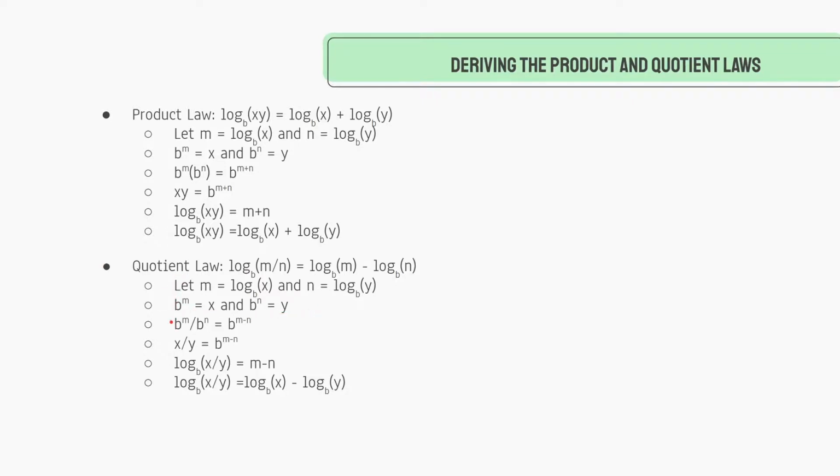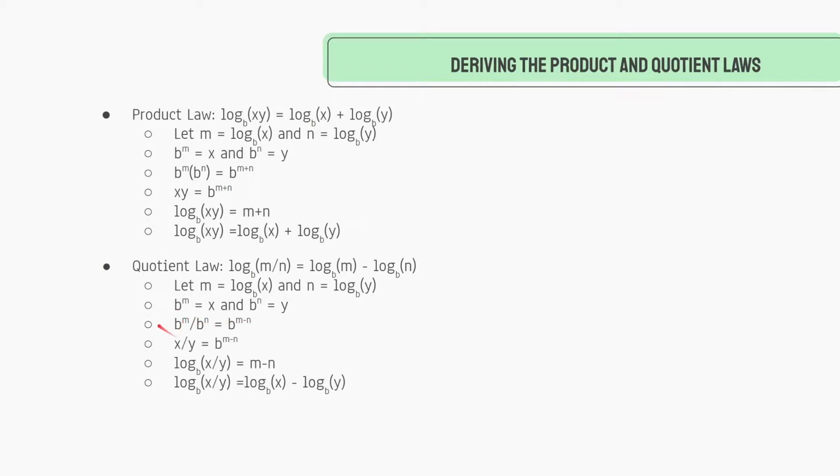Now that we're dealing with the quotient, we're dividing 2 numbers, right? So we could say b to the power of m divided by b to the power of n. And when we're dividing 2 numbers that have the same base, we simply subtract their exponents from one another, and so we get b to the power of m minus n.